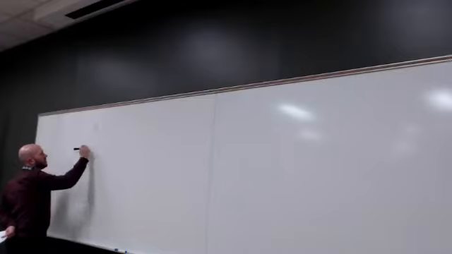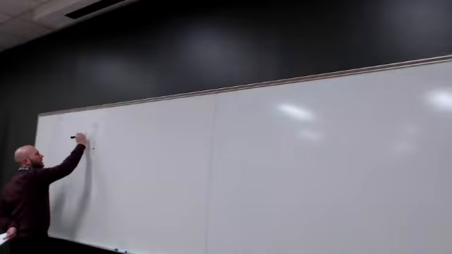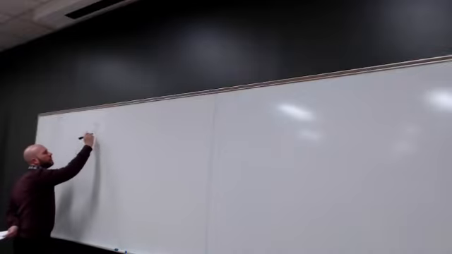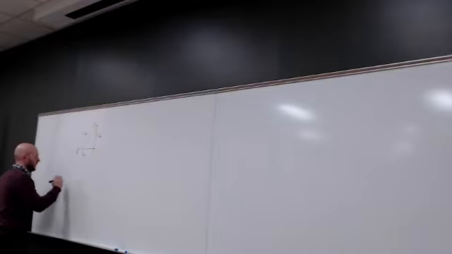So if I've got some point A, some point B, and I make a triangle like this, and here's some point C, the distances S_AB, S_AC, and S_CB are related to each other by the Pythagorean theorem.